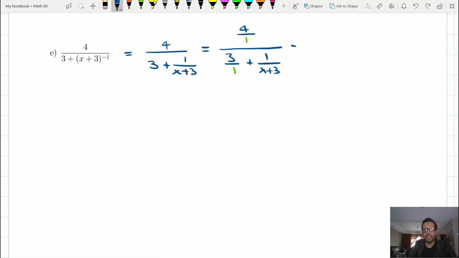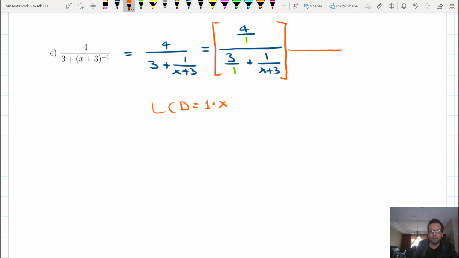Oh, this is not an equal sign yet. At this point, let's use brackets, multiply by the LCD. The LCD will be the product of 1 times x plus 3, right? Or simply the quantity x plus 3. No need to write that one, right?